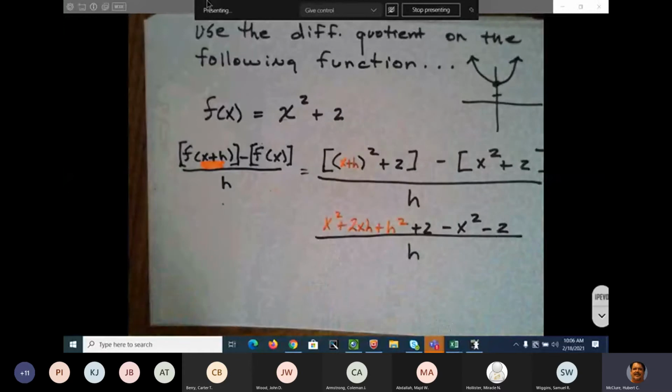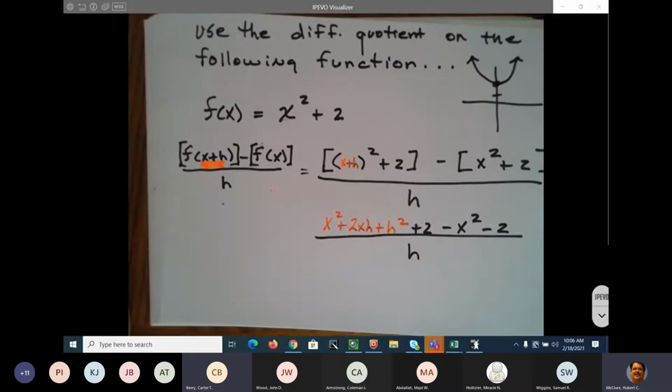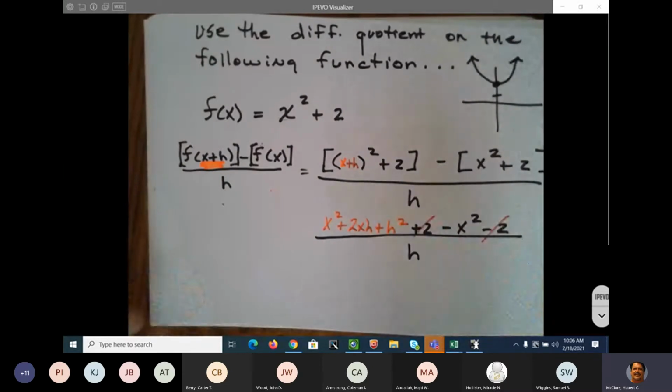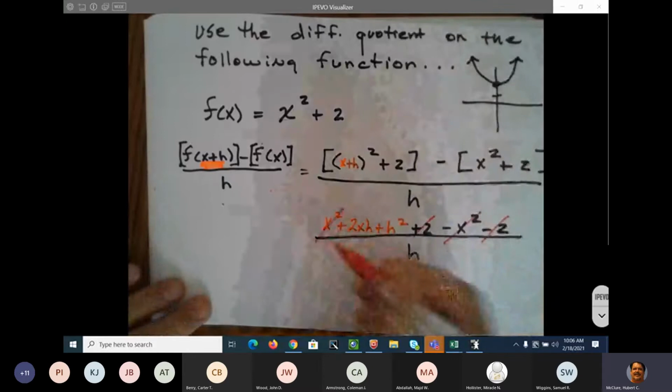Now, somebody tell me from the review what should happen when you do this. The x squareds and the 2 should cancel out. The non-h terms, that's right. The non-h terms should cancel out. So the negative 2 and the positive 2 cancel, and then the negative x squared and the positive x squared.